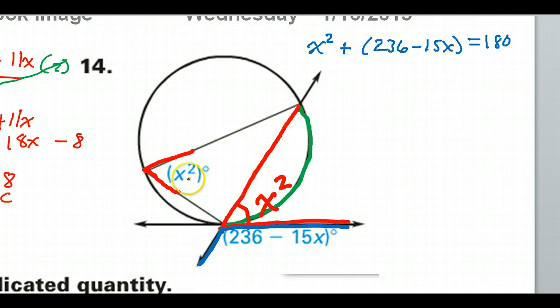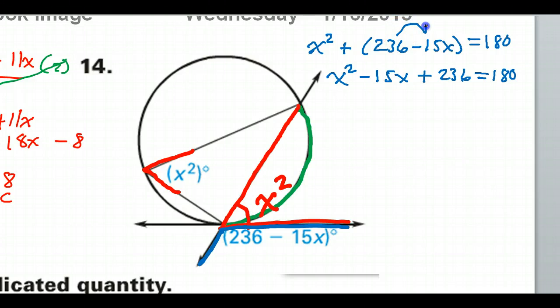All right, I know that was a lot. You might have to watch this video over a couple of times if you really want to understand this. But let's keep going from there. To simplify this, this is written sort of backwards, so this is the same thing as x squared minus 15x plus 236 equals 180.